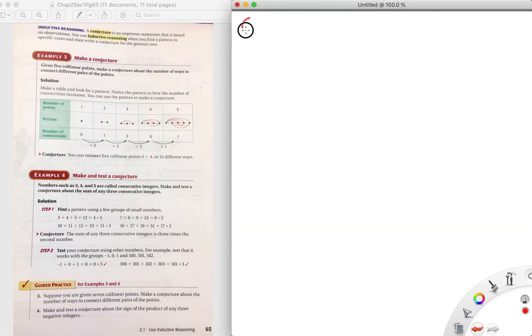The first definition the book gives is that of a conjecture. And a conjecture is, you can give it as an unproven statement.